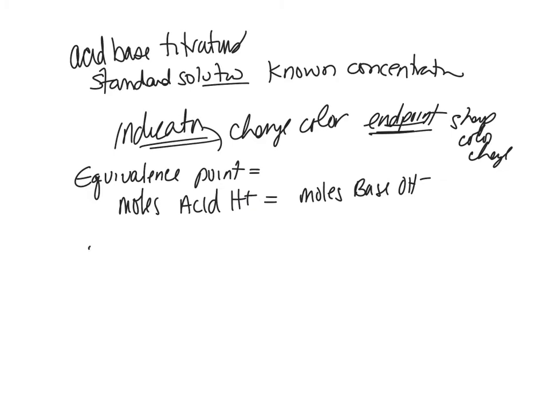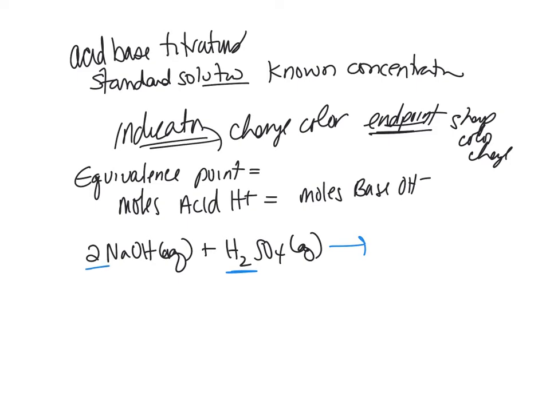Like here in your problem, you get 2 sodium hydroxide, which is a strong base, reacting with sulfuric acid, which is a strong acid. It's a 2 to 1 molar ratio. It takes 2 sodium hydroxide equivalents to neutralize a diprotic acid.